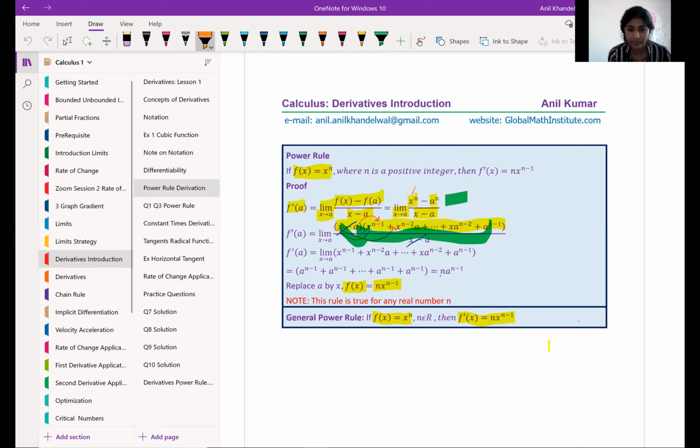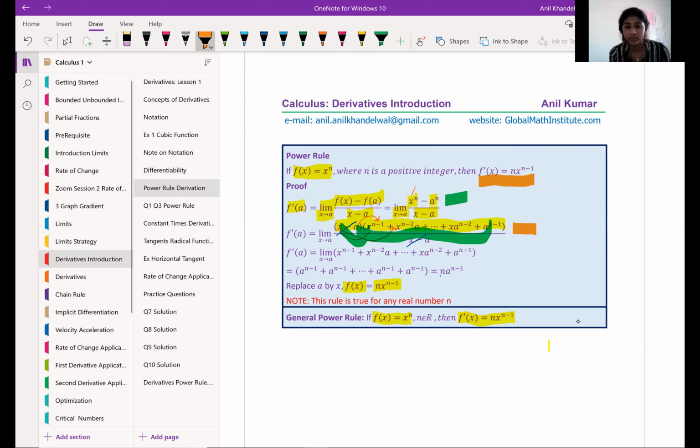Then we had a derivation for the power rule. Now, this formula may not be very familiar to most of the students. However, you can always expand and check whether this works or not. Once you apply this formula, we are using the first principle to find the derivative rule using a polynomial.